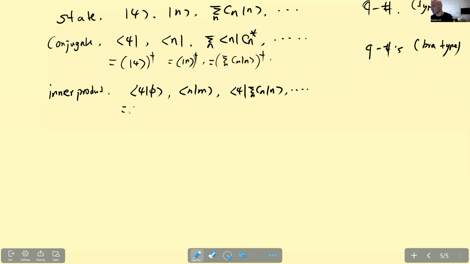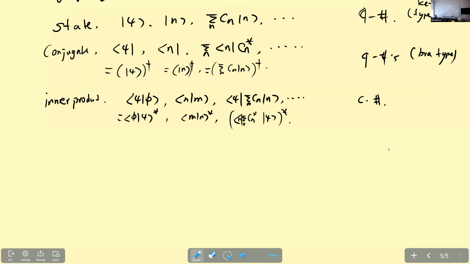And this one actually can be written as ⟨φ|ψ⟩ taking the complex conjugate. So this one is the C number.